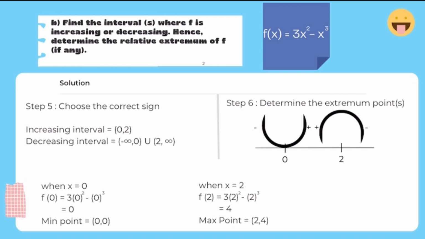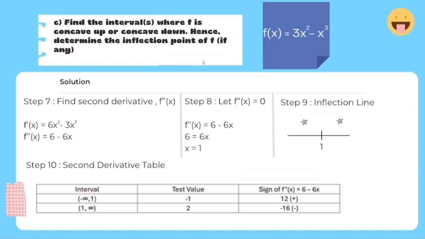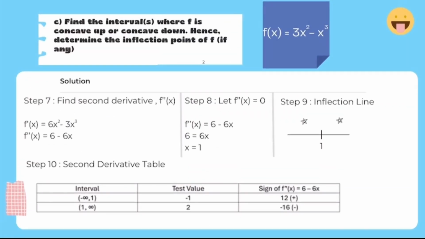And then step 6 is to determine the extremum point. Based on the coordinates that we just found, we can determine the extremum points, and then we just need to find the second derivative of the function, which after we differentiate it, we will get 6 minus 6x.